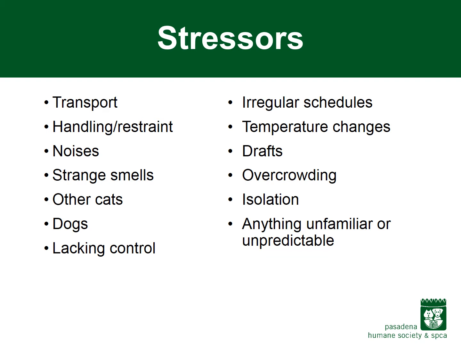Noises are stressful for animals, smells, other cats and dogs, lacking control, irregular schedules, temperature changes, drafts, overcrowding in the shelter, isolation, and pretty much anything unfamiliar or unpredictable for this animal, which is the shelter environment. Most animals are not used to being in the shelter, and it's just a stressful environment for them to begin with, without these other factors.